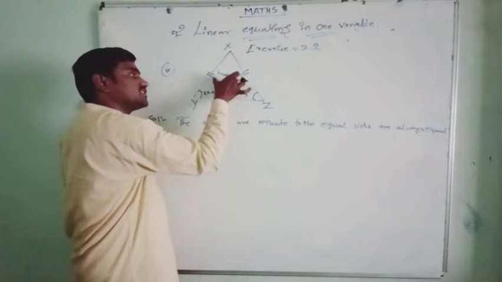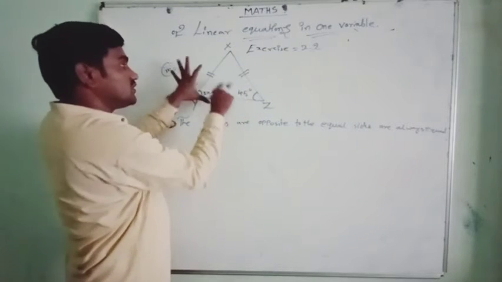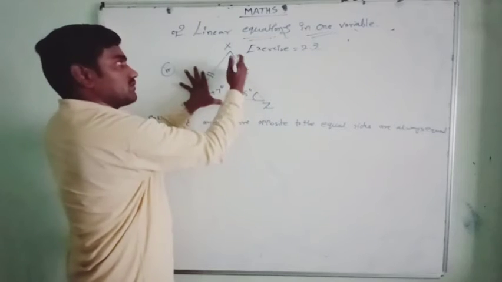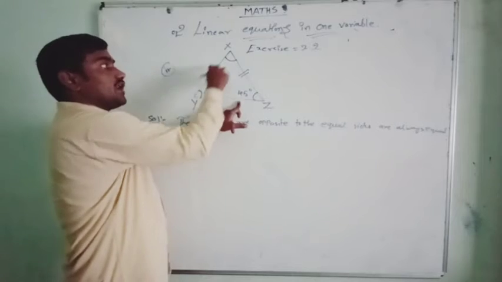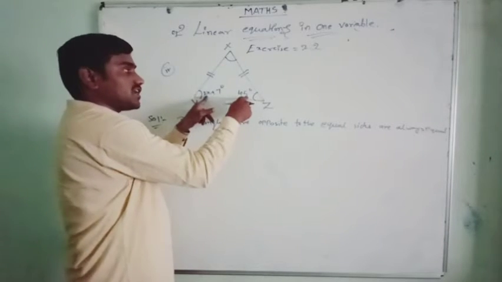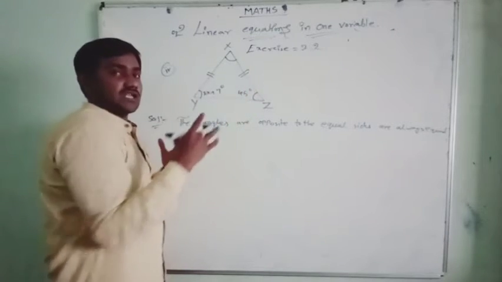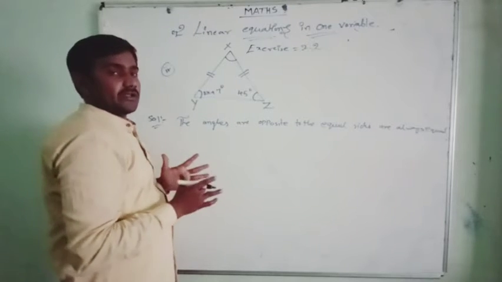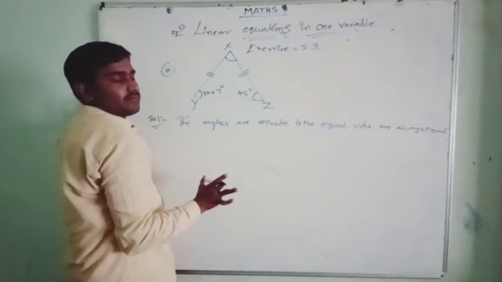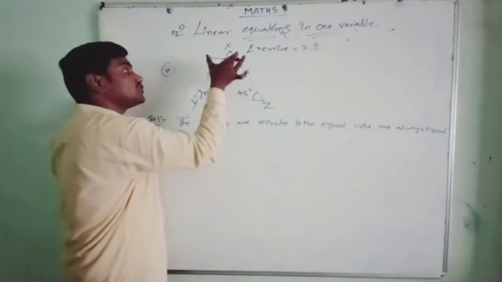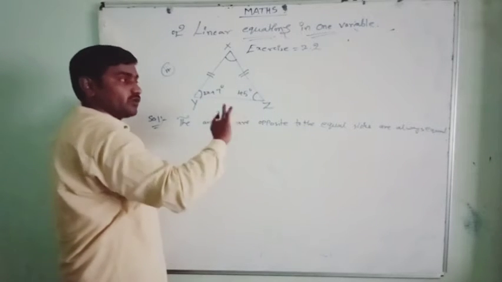That means if these two sides are equal, these two angles are equal. If two angles are equal, then the opposite two sides also will be equal. This is the main property. If two sides are equal, then the opposite two angles are equal. If two angles are equal, the opposite two sides are equal. This happens if and only if.